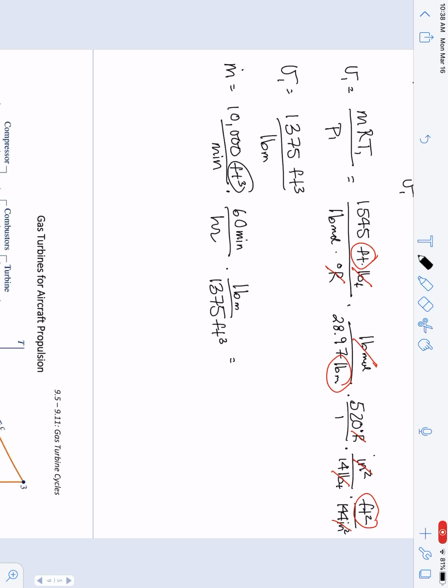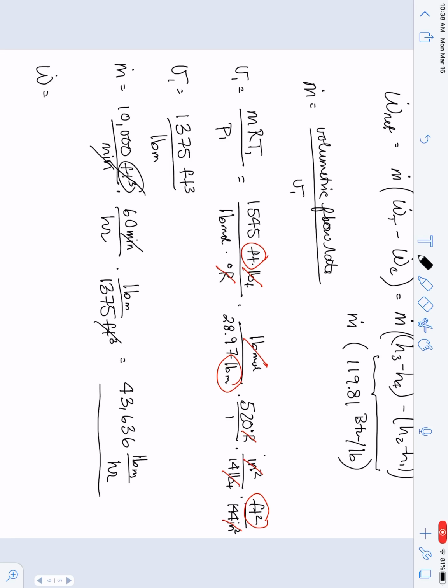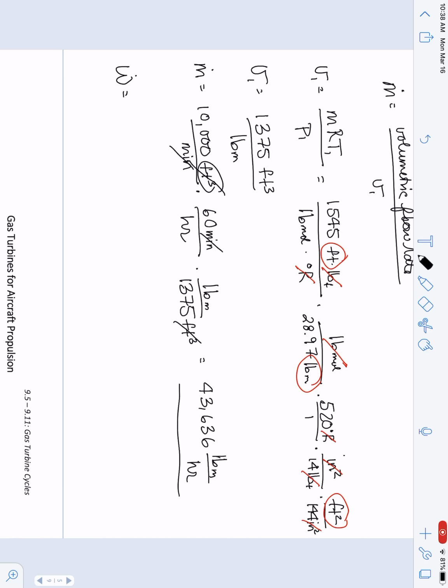And so the mass flow rate is 43,636 pounds mass per hour, which means the total work is, again, this mass flow rate times 119.81 BTUs per pound. So that ends up being 5.23 times 10 to the 6 BTUs per hour, which is approximately 2069 horsepower.